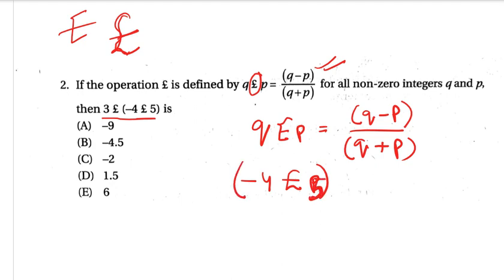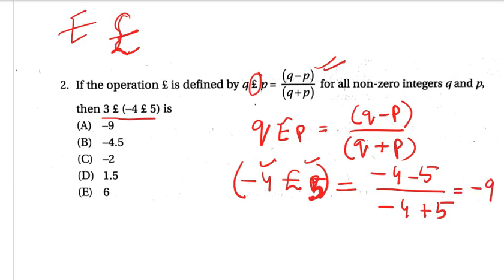The operator does whatever it is given in the right hand side. So you have to do 4 minus 5 because that is q, that is p. So 4, again, you have plus 5. All right, so what do you have over here? Over here you have minus 9 right?